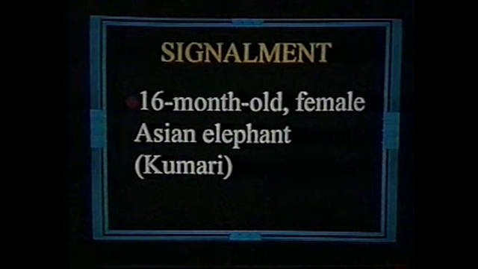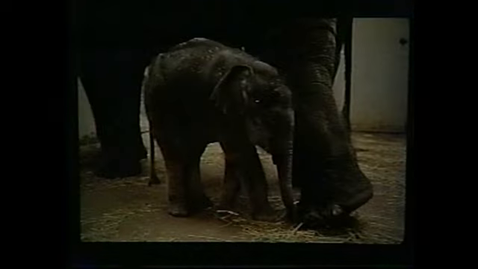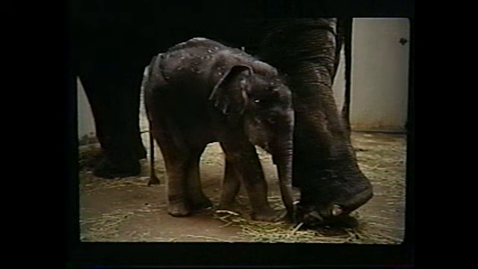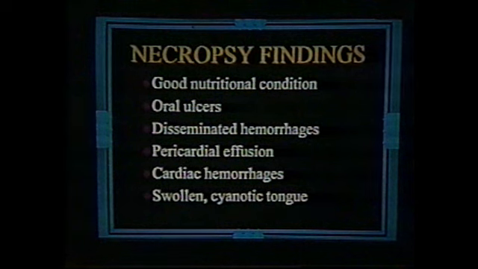She was doing quite well up until 16 months of age, when she developed a rather vague disease characterized by just anorexia, lethargy, some colicky signs, and depression. The disease had a rather short course, which lasted about 5 days, and she died with a terminal cyanosis of the tongue.